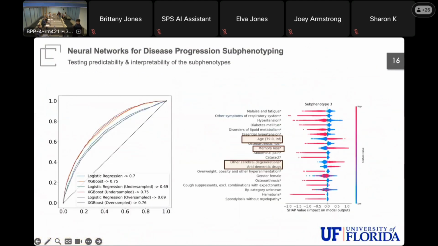Yes, this one. I noticed that there are only 4 variables here that have a very strong positive correlation with the condition. They are age, memory loss, and what I couldn't understand is the anti-dementia drugs, because you use them as a predictor for your model.